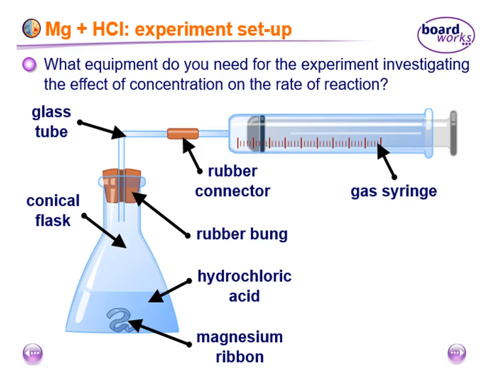So if you were collecting your hydrogen, you would collect it in a syringe, so you'd push this right up to the beginning here, add your magnesium ribbon to your hydrochloric acid, and then as soon as the hydrogen gas started to form, it would push the syringe back. So as this filled up with hydrogen gas, it would push it back and you could measure the volume.